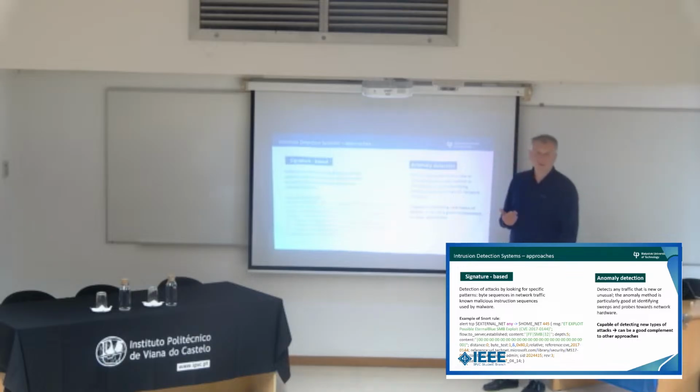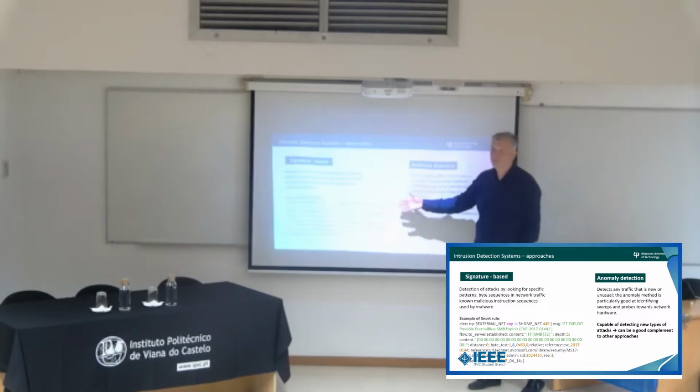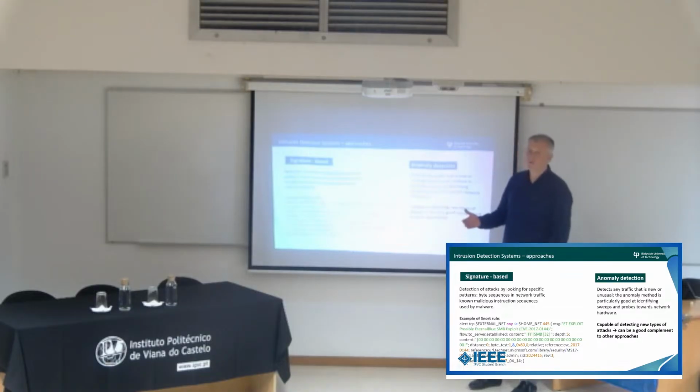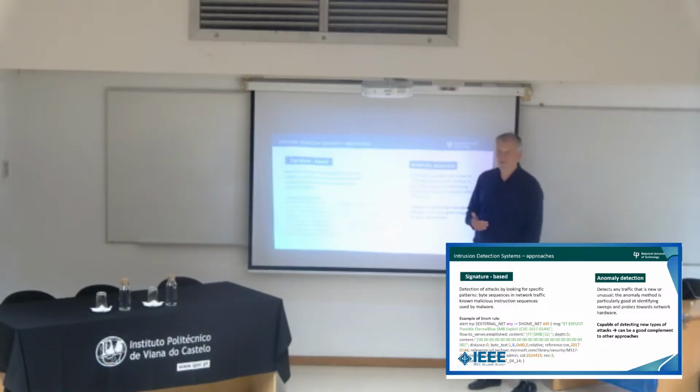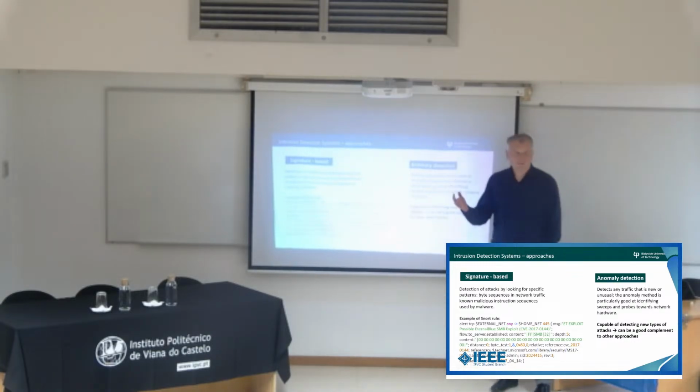When we use an intrusion detection system, for example Snort, we can download the general rules which will protect our environment. So when we use the signature-based system, all systems are protected in a similar way, because we use the same rules for antivirus, for Snort, and so on.